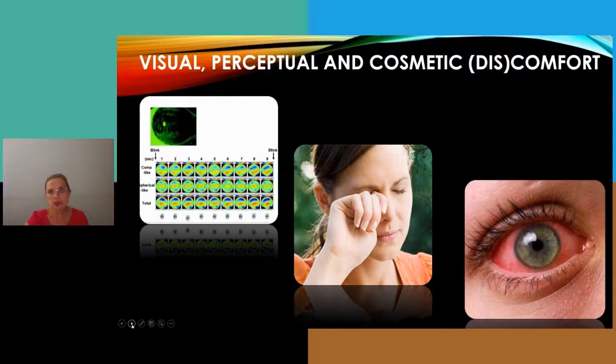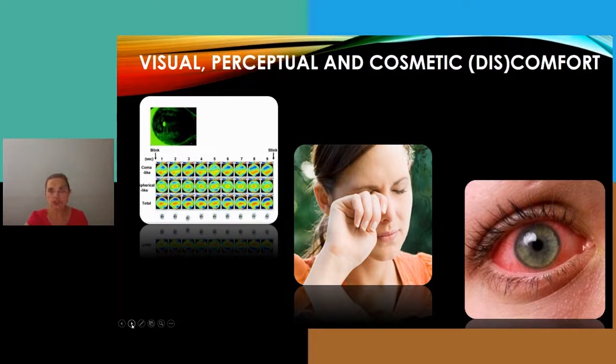So coming back to the idea about comfort, in order to have eye comfort, we need to have three levels of comfort. The first one is, of course, the visual comfort. One of the main functions of the eye, of course, is vision. And in order to have good vision, we need to have transparent optical media.